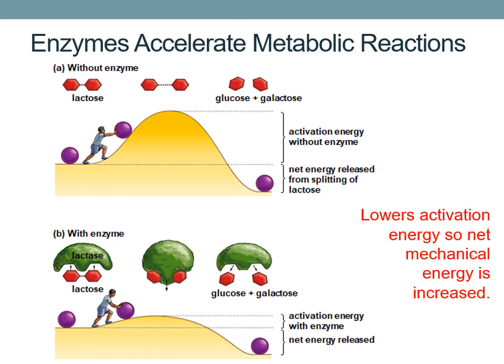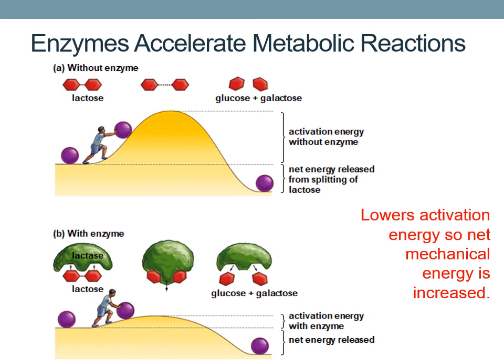But it's going to be converted to those products only once it reaches the top of that hill, where the activation energy has reached its peak and the products can now be produced. The activation energy is the amount of energy it takes the substrates to get to the top of the hill where they can be converted to products.